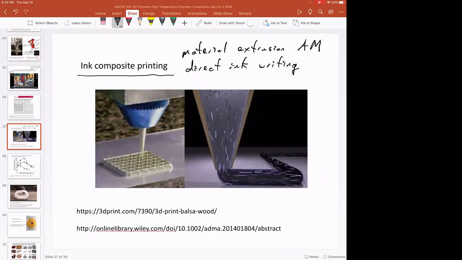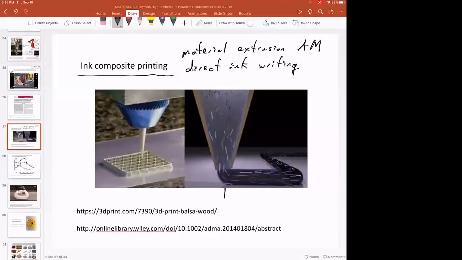So you're still extruding material, but you're not doing thermal extrusion of a thermoplastic. You have some sort of liquid ink where the solvent evaporates and the ink has a high enough viscosity that it doesn't flow right away. But this is a really cool picture.